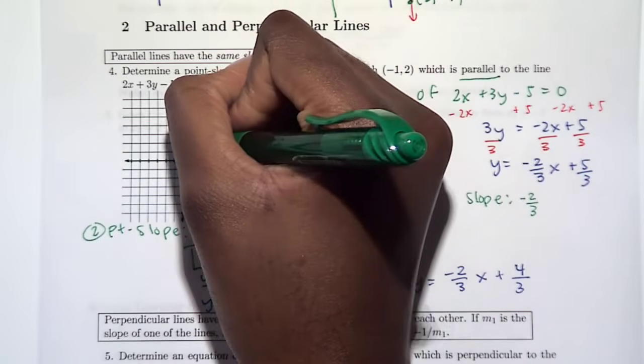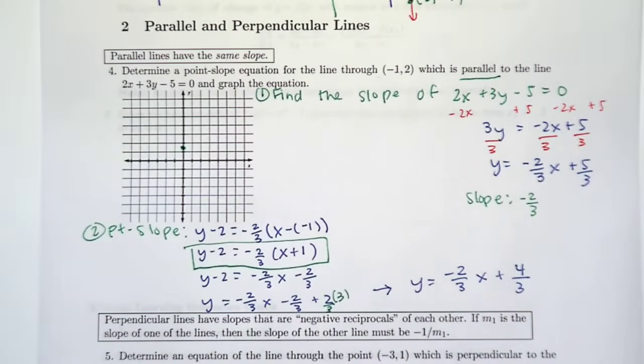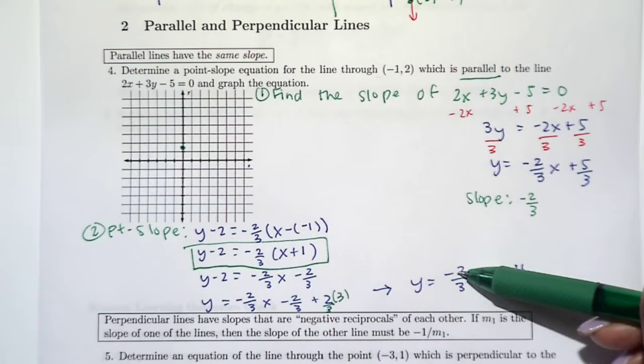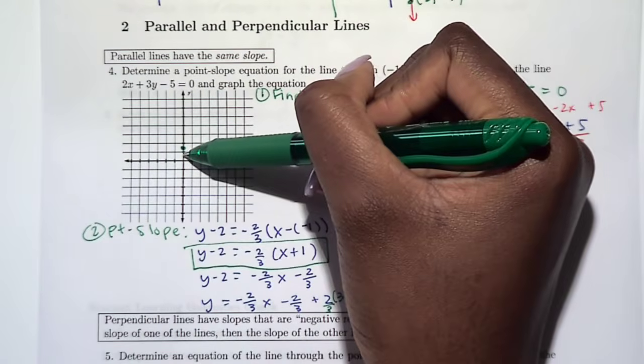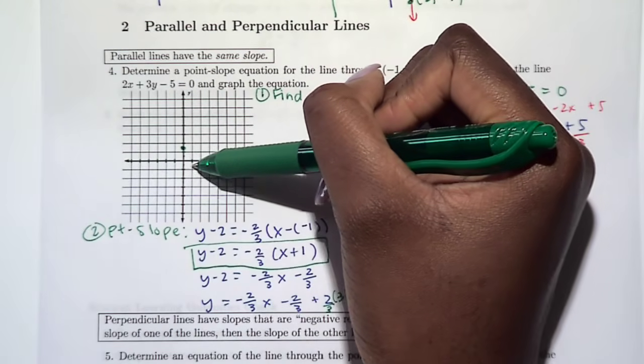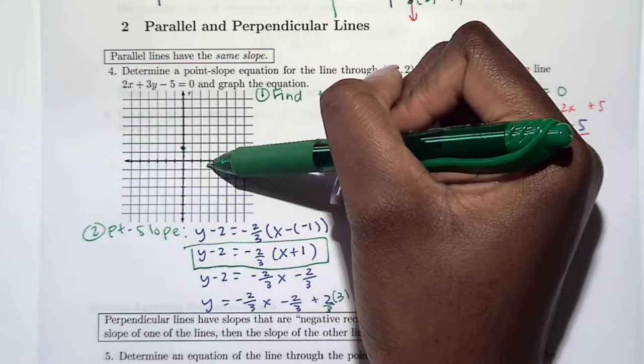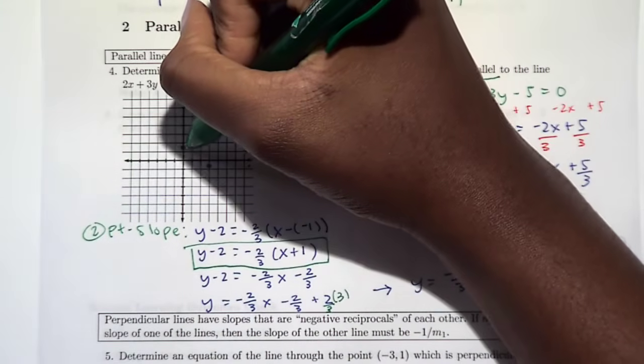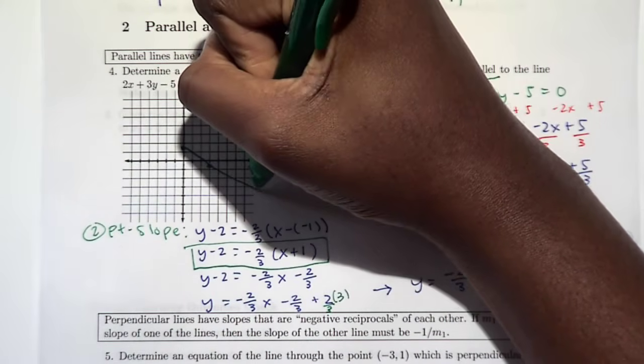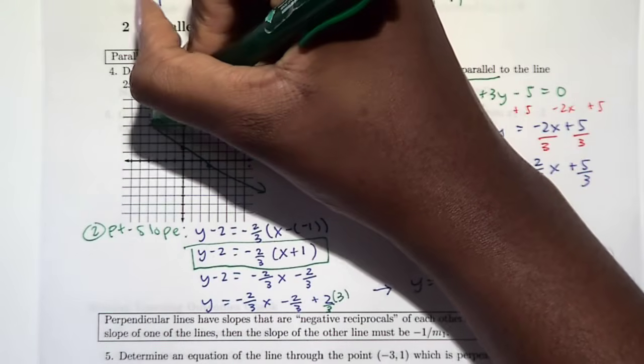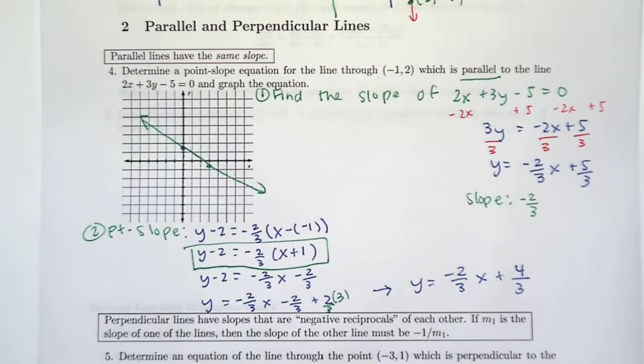So that's a little bit more than 1. And then we can use the slope to find another point and connect it to make the line. All right, so that means our slope is negative on top, positive on bottom, so that means we're going to go down 2 and then to the right 3. And now we can connect these. And this is our line.